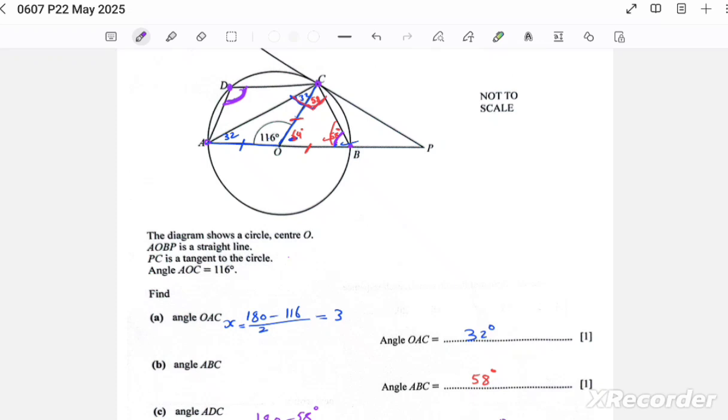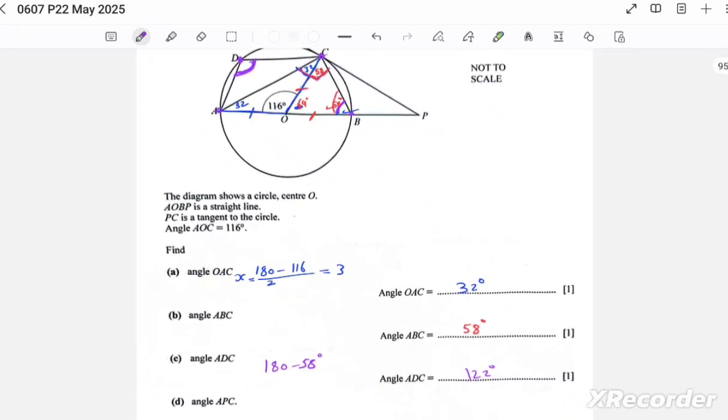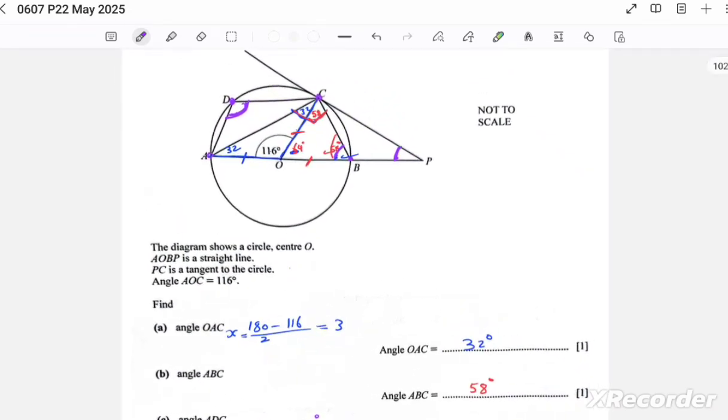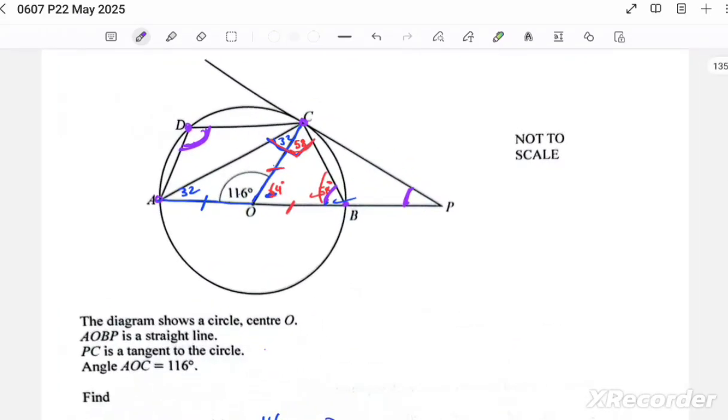Next one, find angle APC. So we need to find this one. What is this angle? So as you see, we have a tangent PC, this one. And the angle between the tangent and the radius is a right angle.